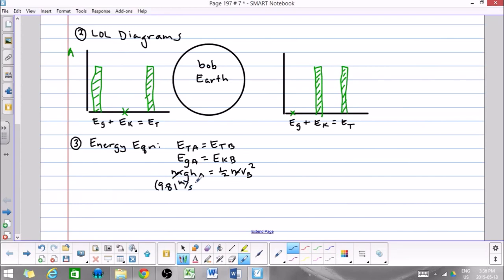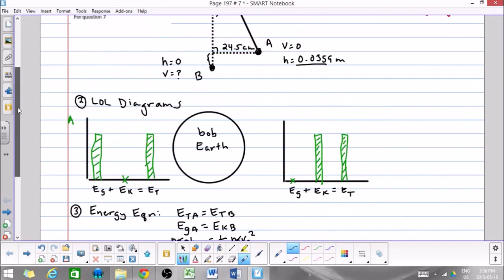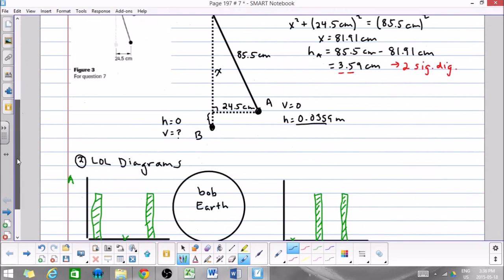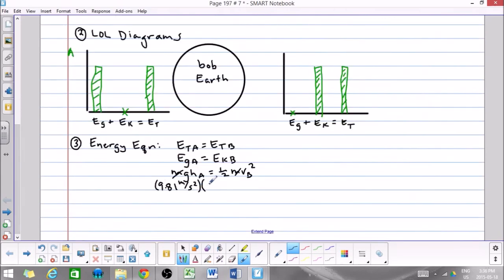So let's substitute in 9.81 meters per second squared. The height at A, we went to some work to find that earlier, 0.0359 meters, is equal to 1/2 times v B squared. And v B works out to be 0.84 meters per second.